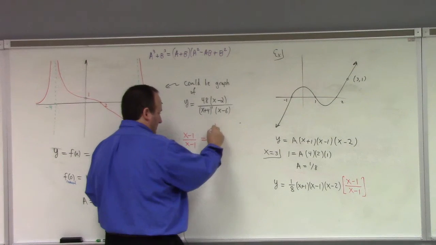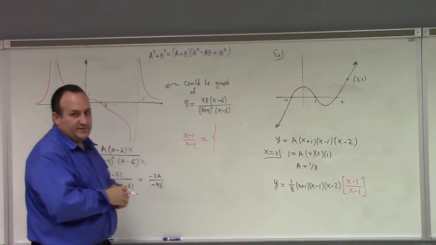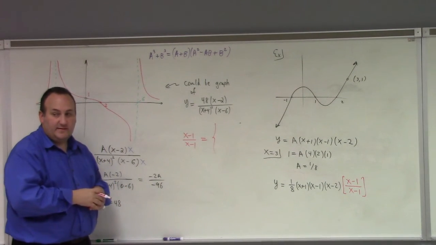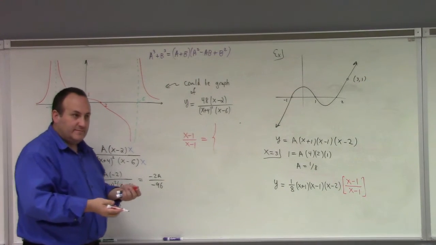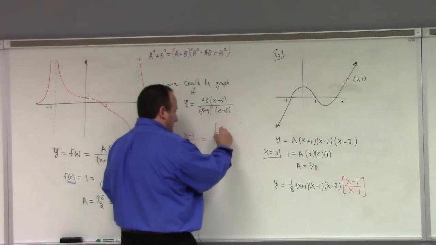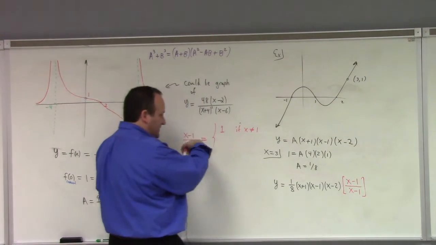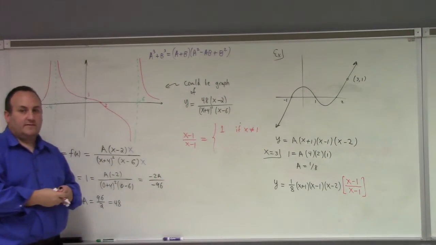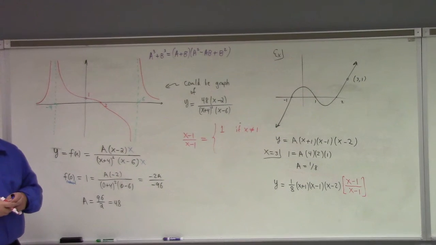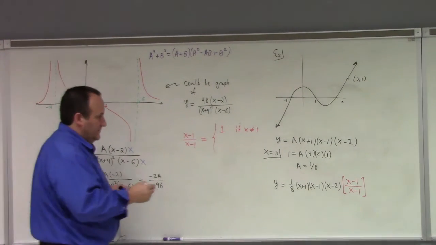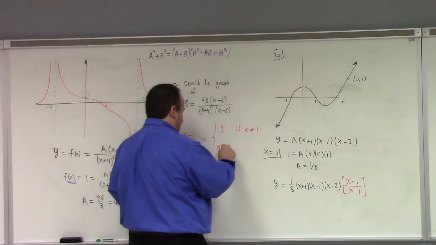What is this equal to? There are two cases. If x is not equal to 1, these just cancel and give you 1. What happens if x is equal to 1? If x is equal to 1, it does not exist.